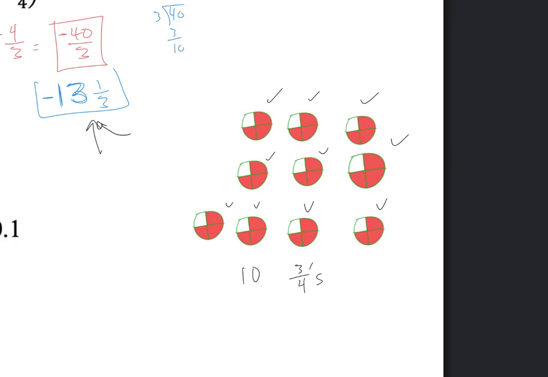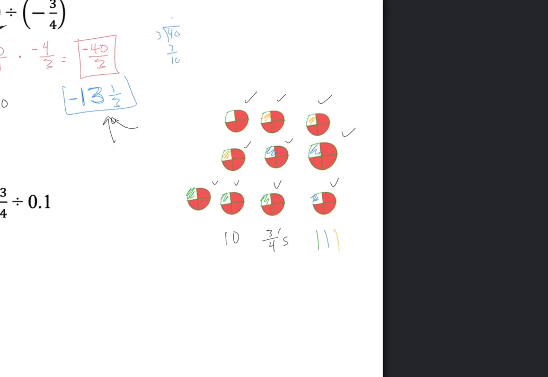But now here's 1, 2, 3. That's another 3/4. 1, 2, 3. That's another 3/4. And now 1, 2, 3. That's another 3/4. So now if we take those 3 and add them to 10, that's our 13.